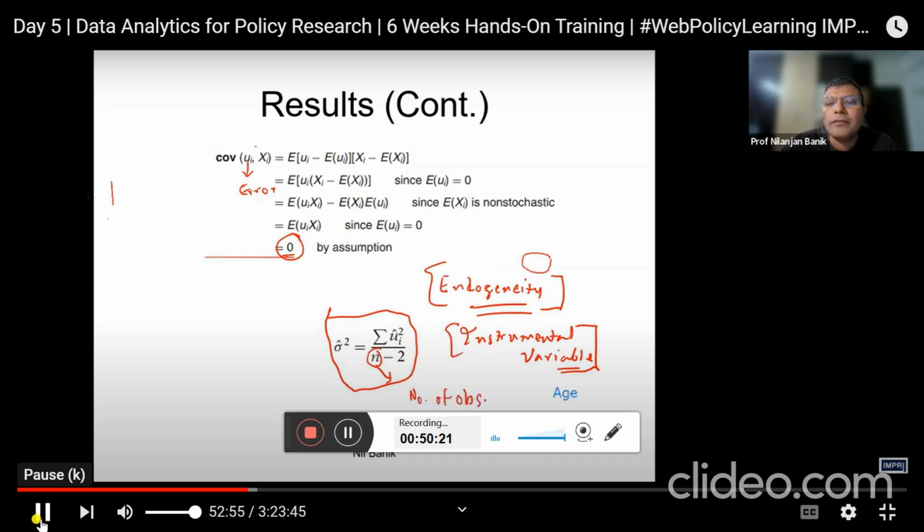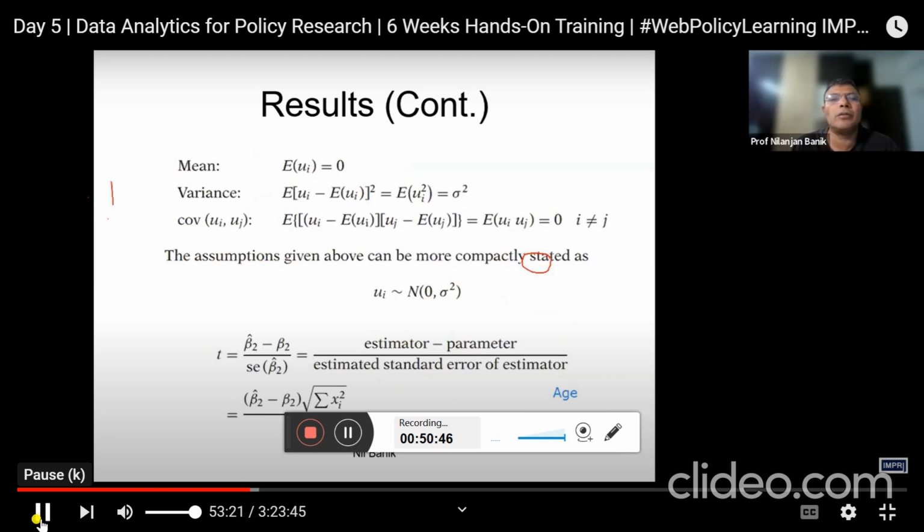The higher the number of observations, the larger the denominator and the smaller the sigma hat squared, which is a good thing. So the error is going to fall if I am able to increase the number of observations. Keep that in mind. This is the estimate of the variance of the error terms, which is going to fall.